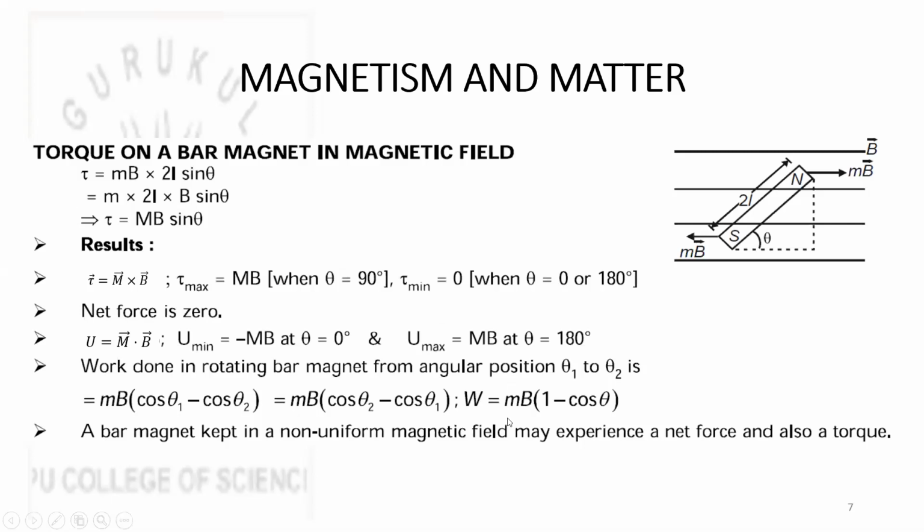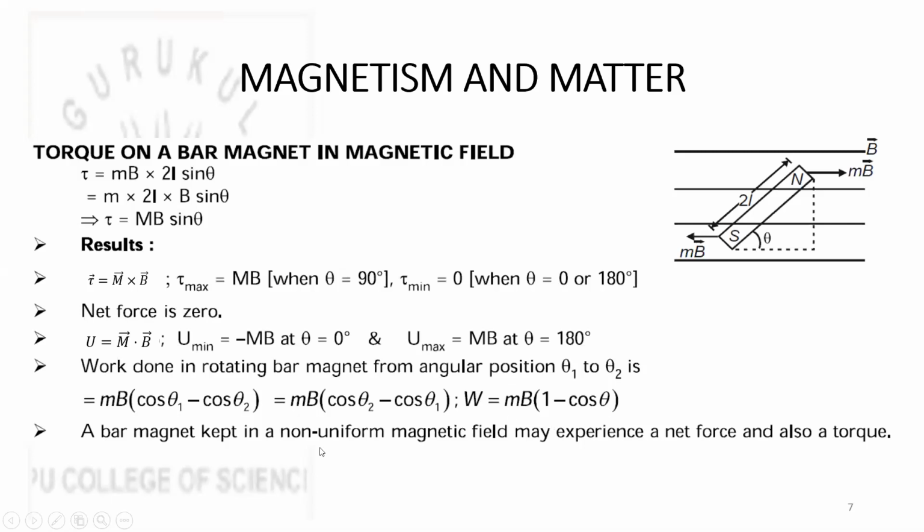That would be the formula. And W is equal to MB into 1 minus cos theta is the formula for changing the magnetic field direction from 0 degrees to theta value. That means from the 0 degree position to change it to a theta angle, we need to do this work.